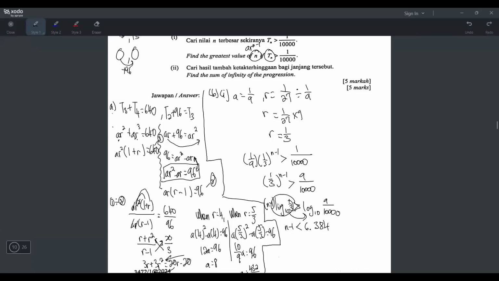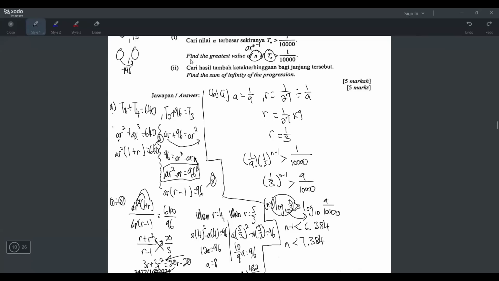When you press log of 0 point anything, you will get negative. If you don't believe me, just press log 1 over 3 separately, not divided by this one, and your calculator will give you a negative value. So that's why this bigger has to change to smaller. So now it becomes n smaller than 6.384 plus 1, which is 7.384, right?